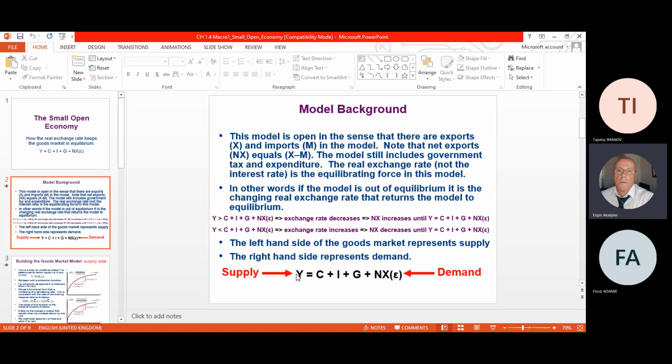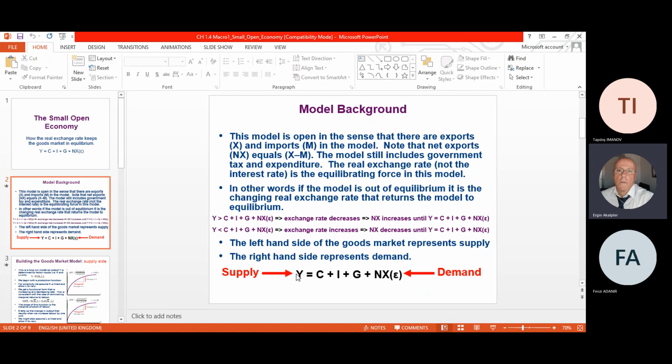In this model, the exportable goods and the importable goods and services are now included in the system, and we have to note that the net export or NX is the equation, let's say, left side is X minus M. And as I said to you, if X is higher than the import or M, then this is good. And if M is higher than X, as you see, it is negatively affecting.